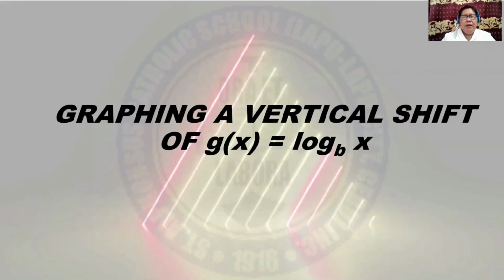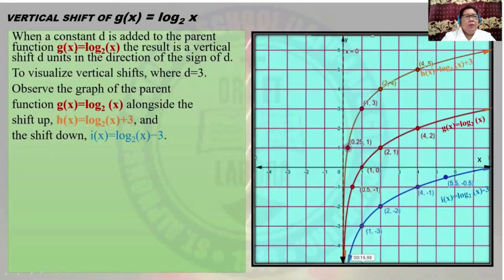Let us have graphing a vertical shift of g of x is equal to log of x to the base b. When a constant d is added to the parent function, which is g of x is equal to the log of x base 2, the result is a vertical shift d units in the direction of the sign of d.